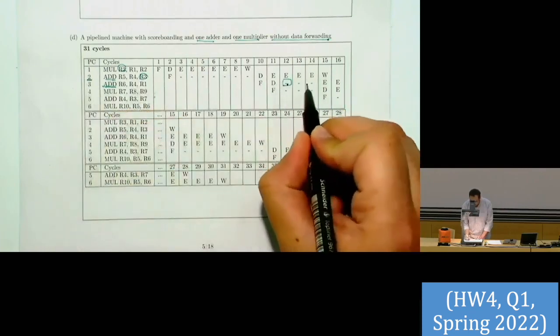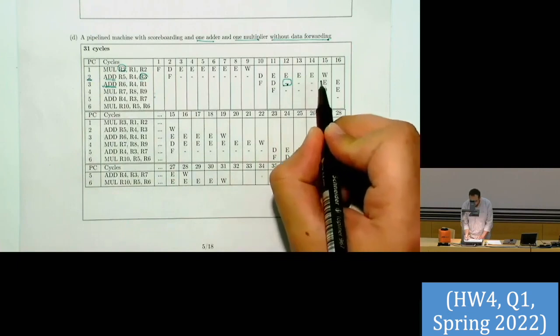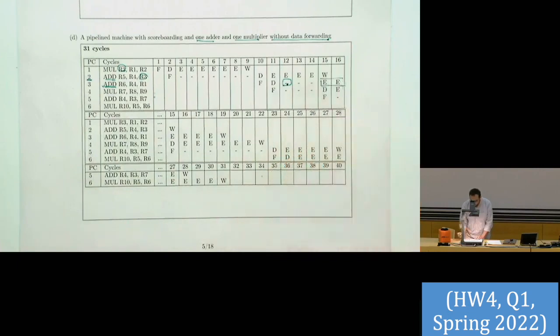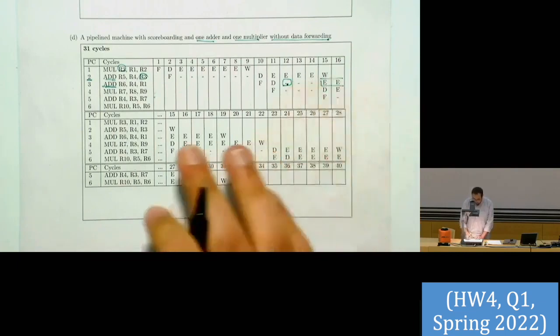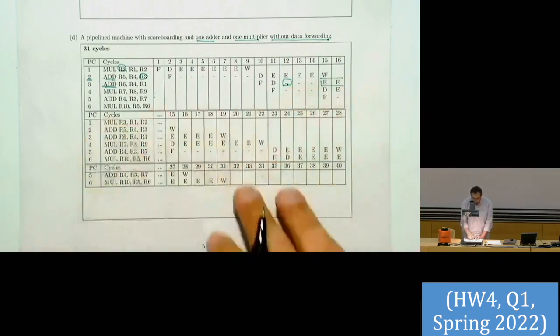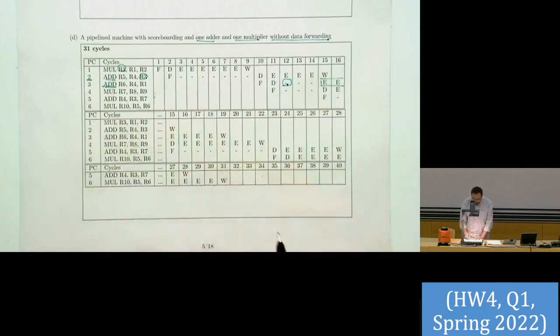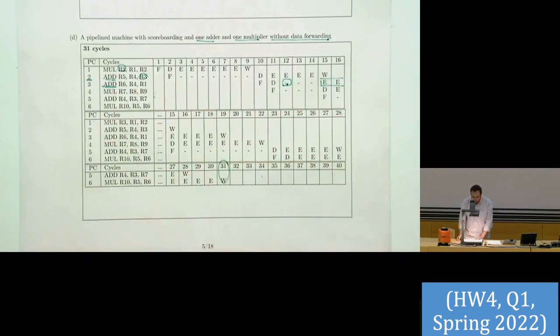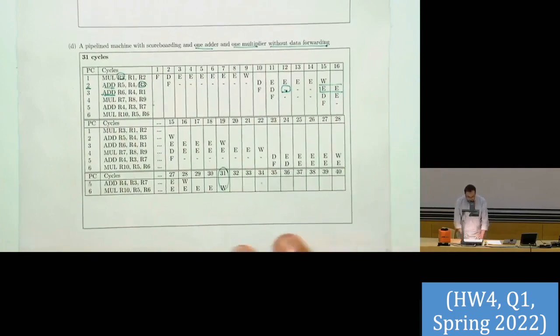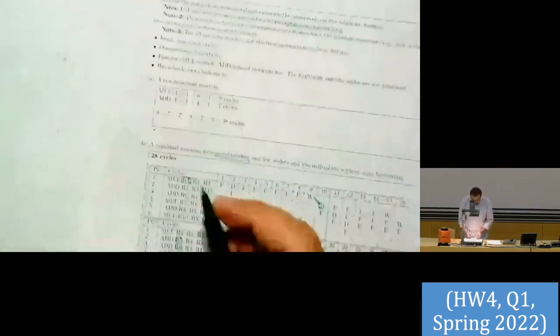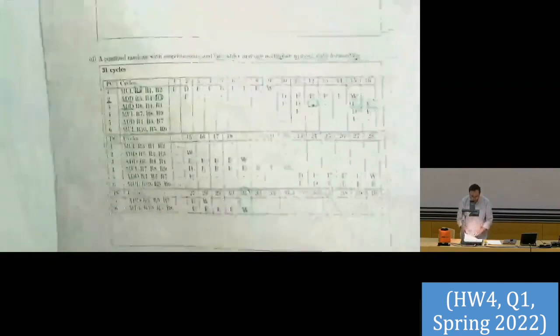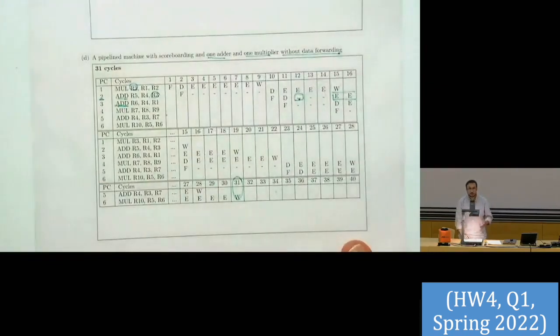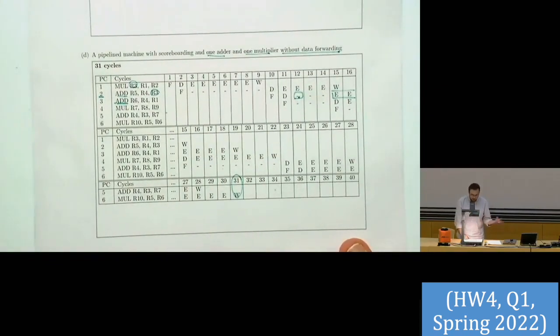So we need to wait until it's completed, and then we start using it from this side. Once you follow the same idea and do the rest, you see that now we completed in the 31st cycle, which means that in the previous one it was 28. Now we have lost 3 cycles because we don't have additional adders and multipliers.